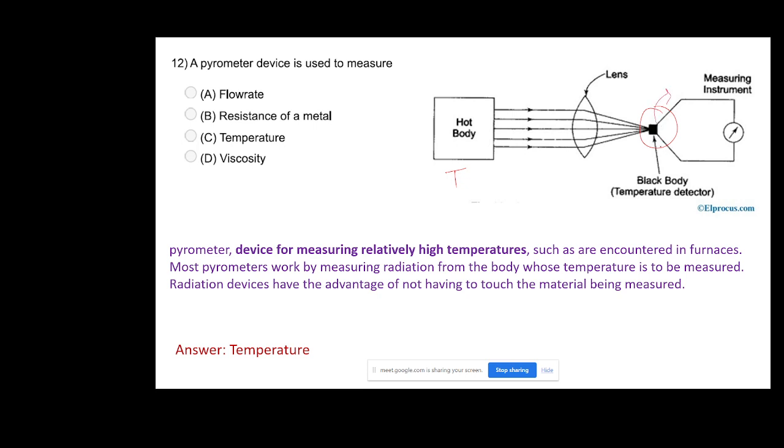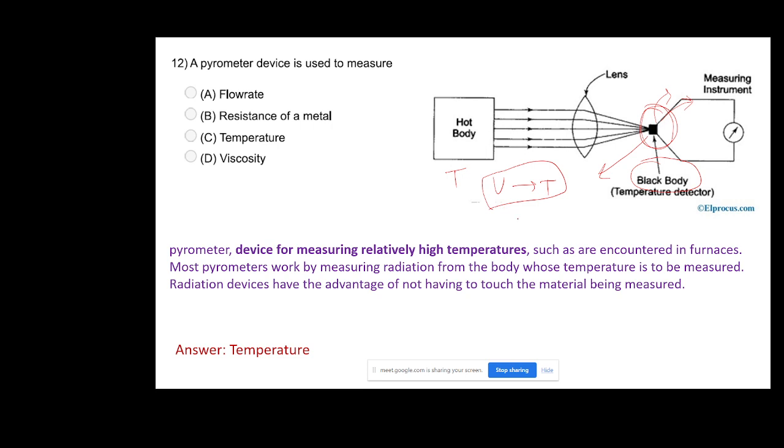There has to be some quantity which needs to be measured, because if this is some material and it absorbs some heat, then there has to be some property which changes. In a pyrometer, what we use is the voltage, because the more the temperature, the more voltage it will allow to flow. So the voltage is calibrated in terms of the temperature.